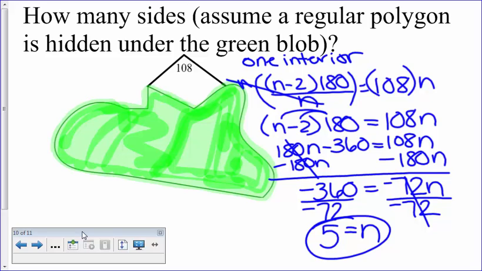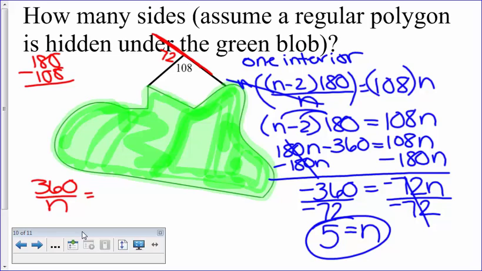Well, that's a lot of algebra work. Here's a little shortcut for those of you that like shortcuts and don't like to do all that work. I can find one exterior angle by subtracting from 180. 180 minus 108 gives you one exterior angle of 72. Well, we know the formula is 360 divided by n for one exterior angle.